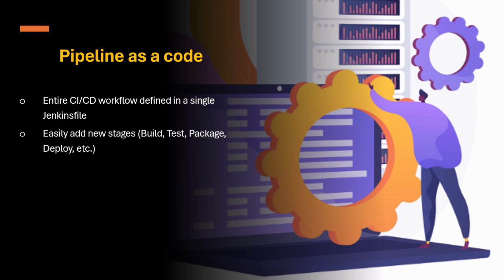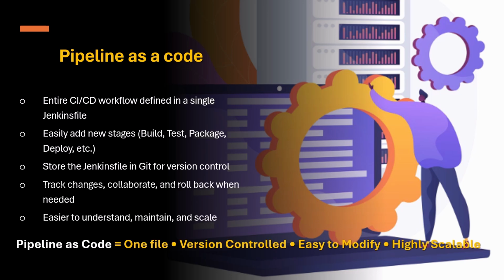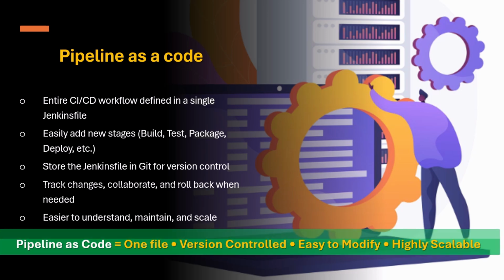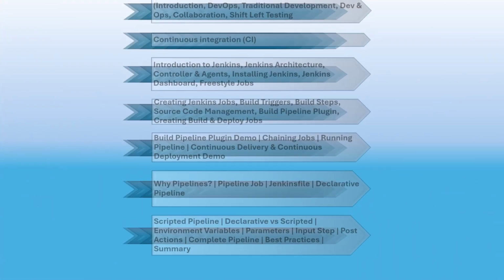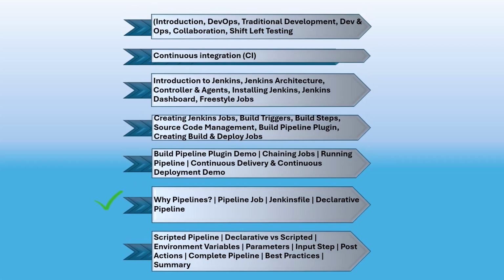So this file can also be stored in Git. Every pipeline change is version controlled. We know who modified it, when it was modified, and we can easily revert to previous versions if required. So this approach makes pipelines easier to understand, easier to maintain, and much more scalable than traditional freestyle jobs connected using the Build Pipeline plugin.